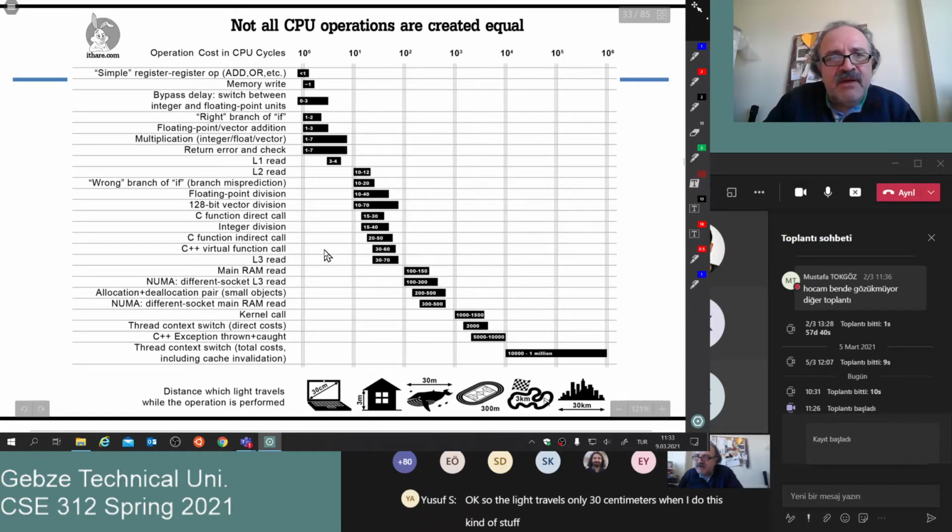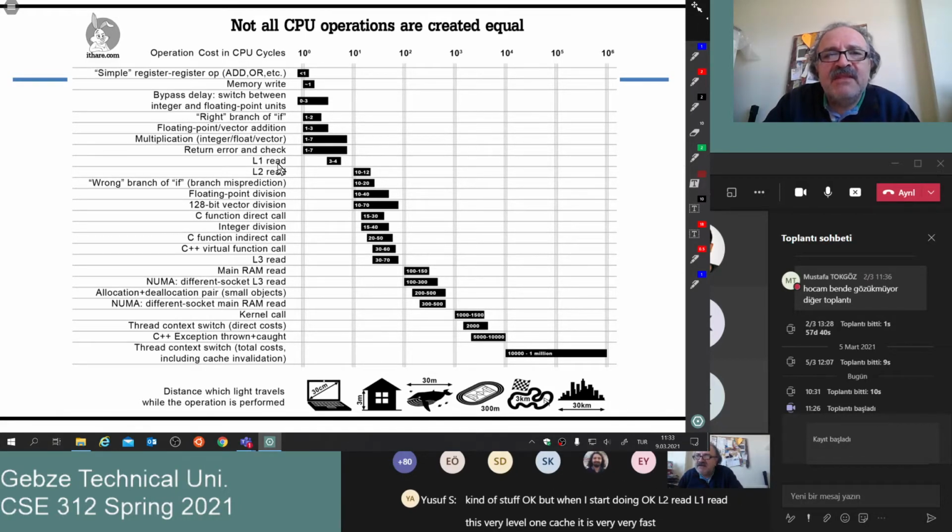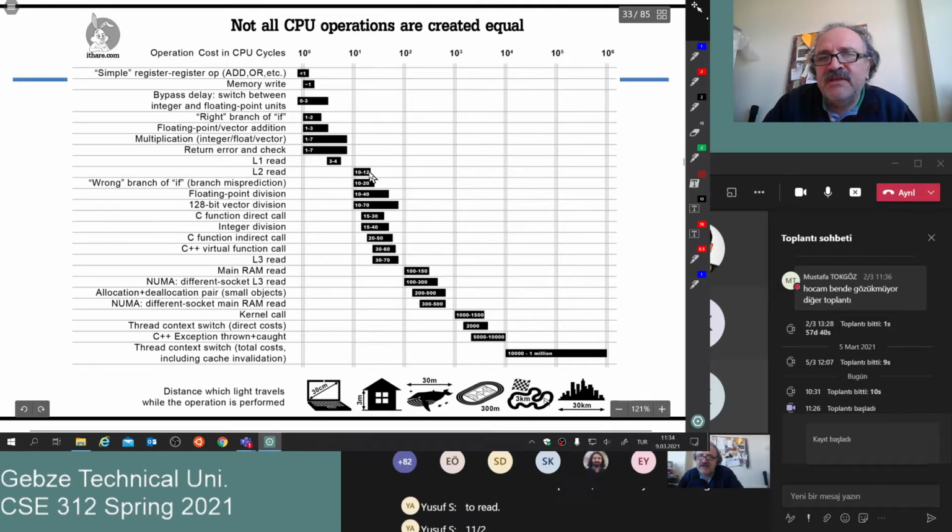But when I start doing L2 read, L1 read, the level 1 cache read, is very fast, but it is not as fast as reading the registers; it is 3 times more expensive. But when you start doing L2 read, level 2 cache read, it is 10 cycles. A wrong branch is costing me more.